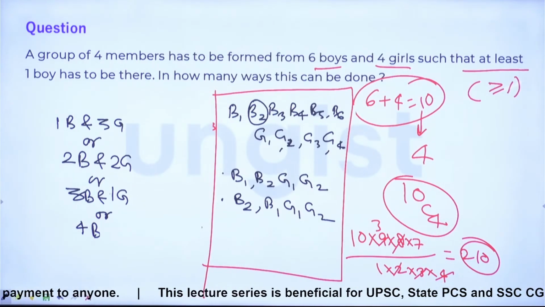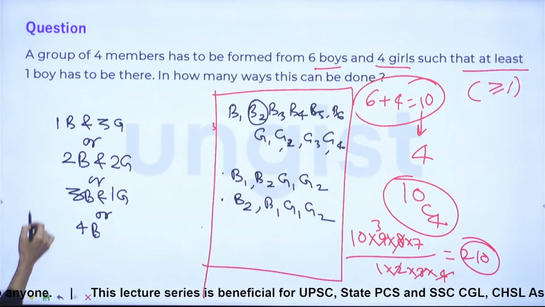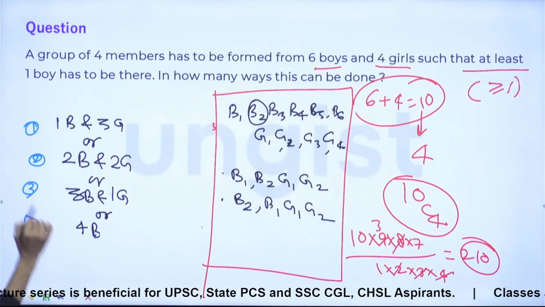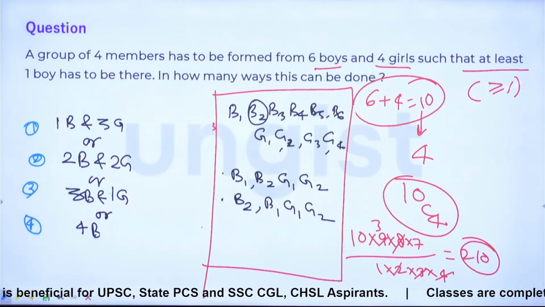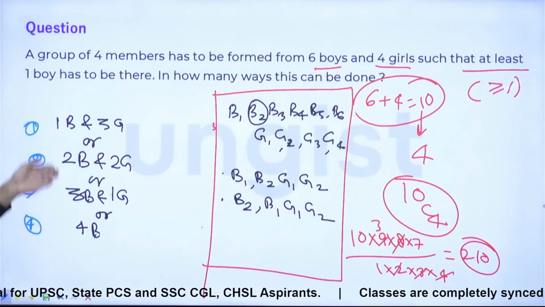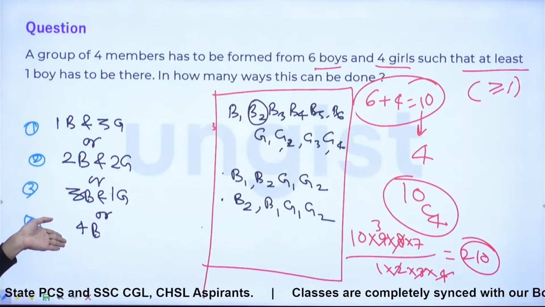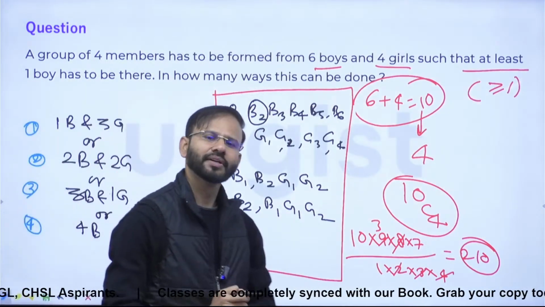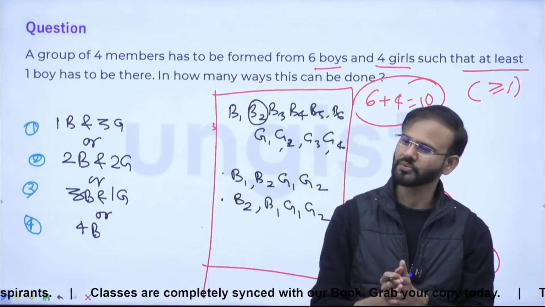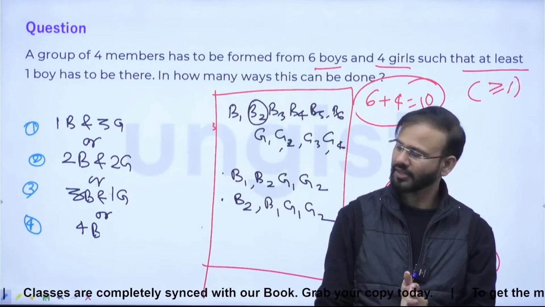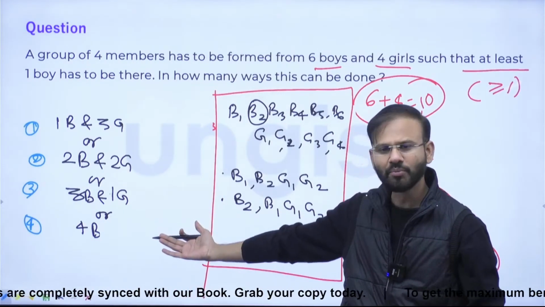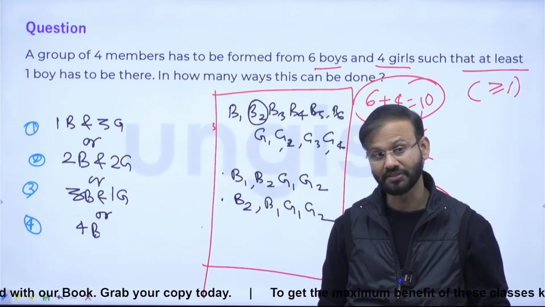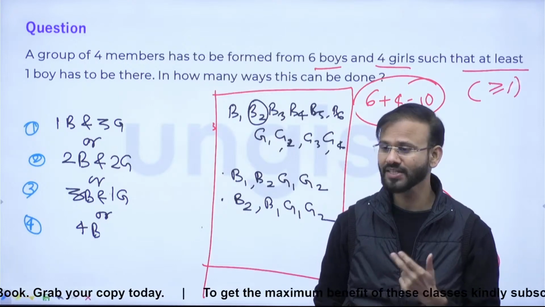Now friends, just think on it. Tell me, this is, let's say, 1, 2, 3, 4. All of it is clear, right? Guys, this is the condition of at least 1. Just think on it, right? Just tell me one thing. If there is no restriction on you, then which case will you get extra?